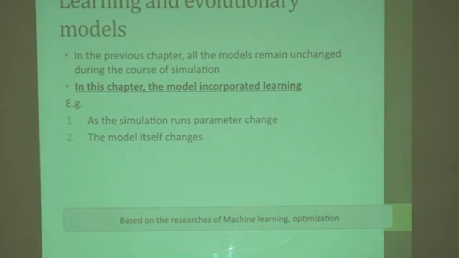In this chapter, we'd like to introduce models that incorporate learning. As examples, first, parameters can change while the simulation runs, and another is that the model itself will change during the course of the simulation. This kind of learning model is mostly based on research on machine learning and optimization problems.